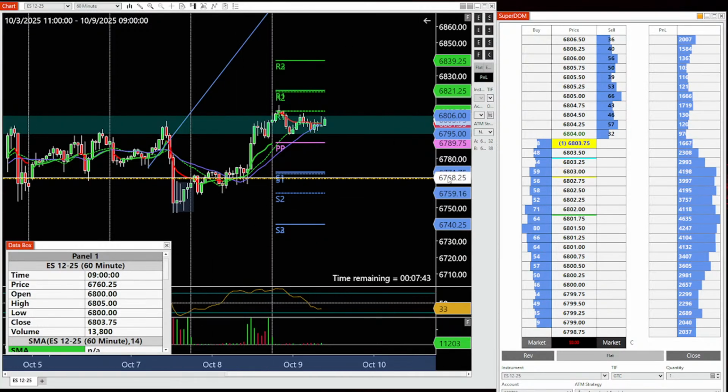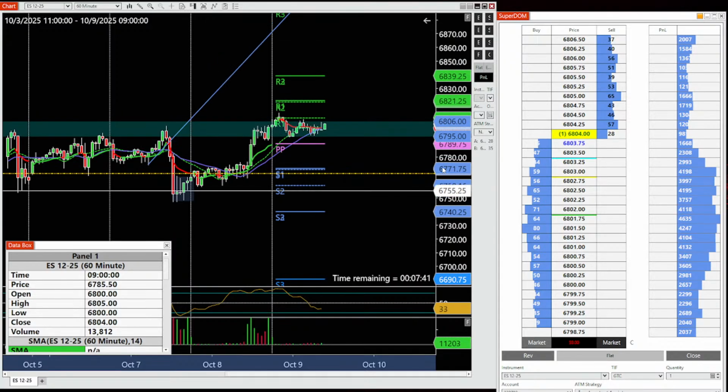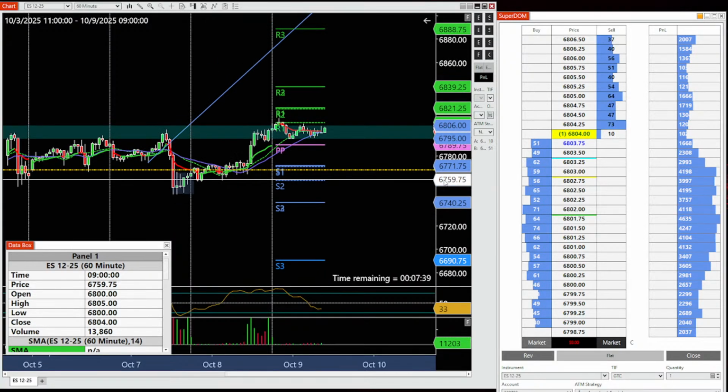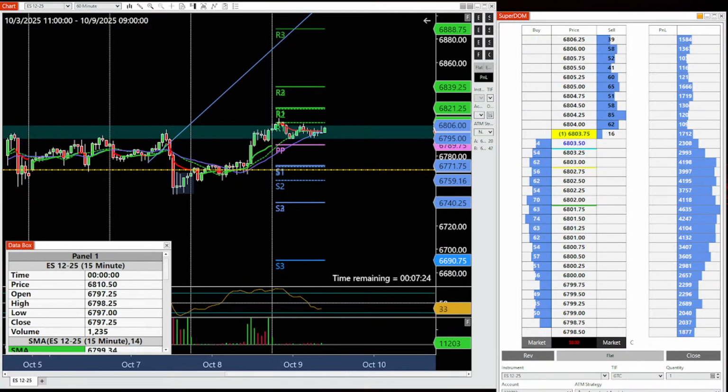I don't trade on the 60-minute bar, but I like this pattern. I'm just looking at it. I got the 1 minute up. Let's see, 15 minutes. Got the 1 minute and the 15 minute.